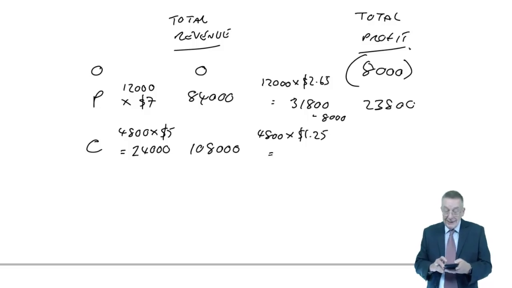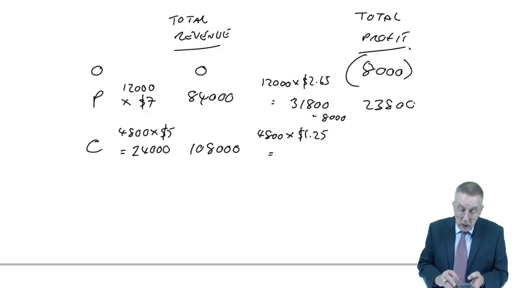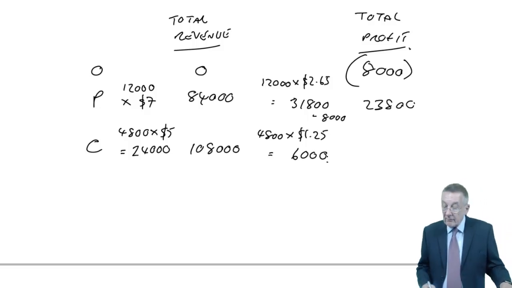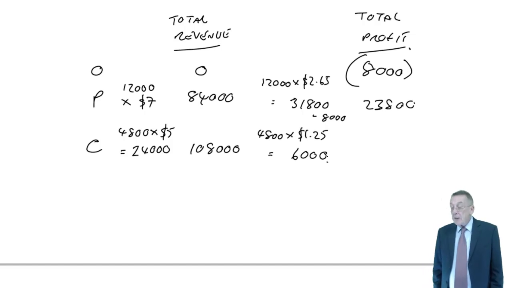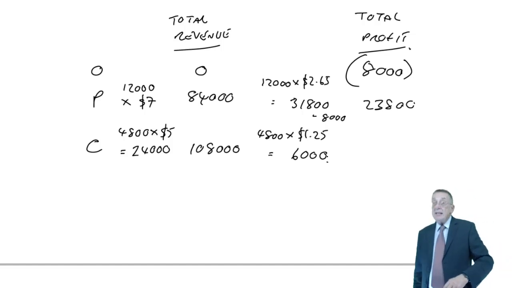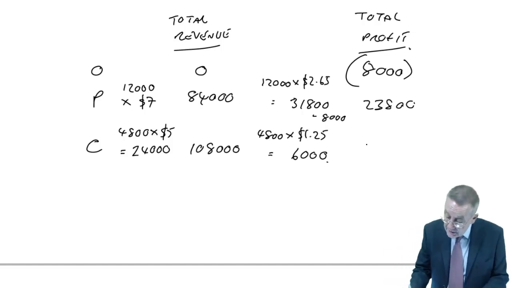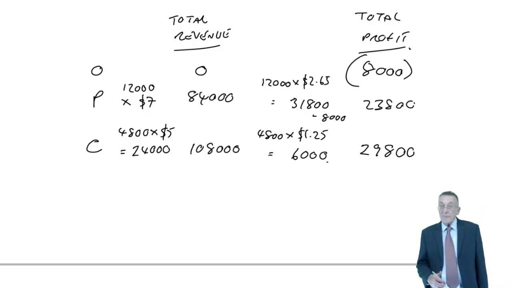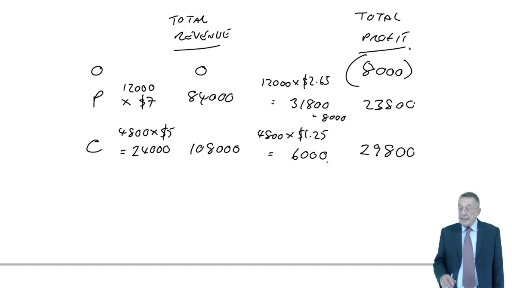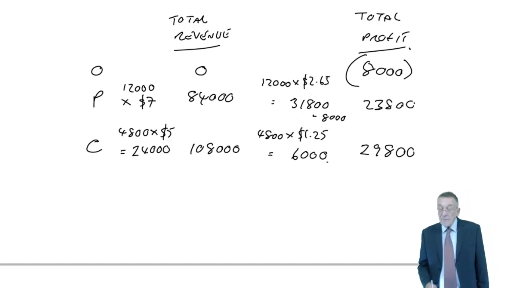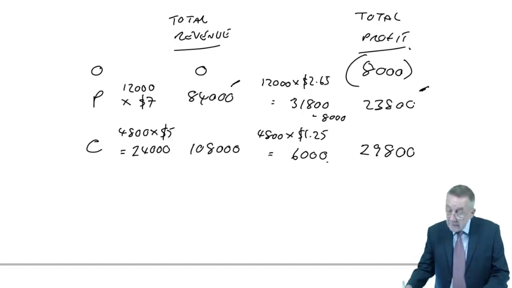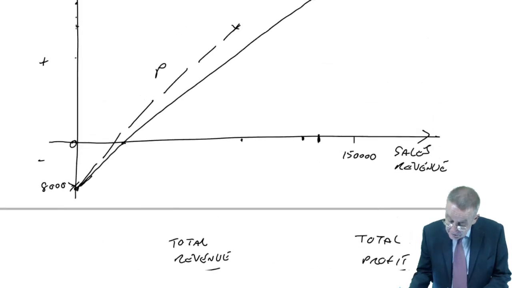So an extra 6,000. So what's the effect on profit going to be? It was 23,800, goes up by that extra 6,000 to 29,800. No extra fixed costs, they're already in there. So let's put that on the graph. We were already at that point, 84 and 23,800. We're now going up to 108,000.